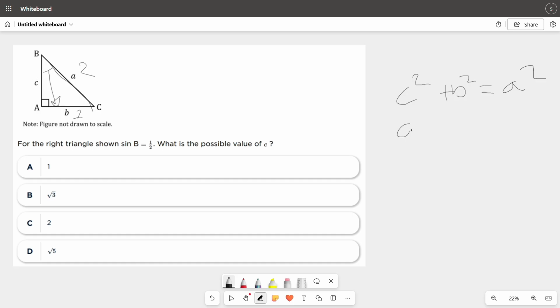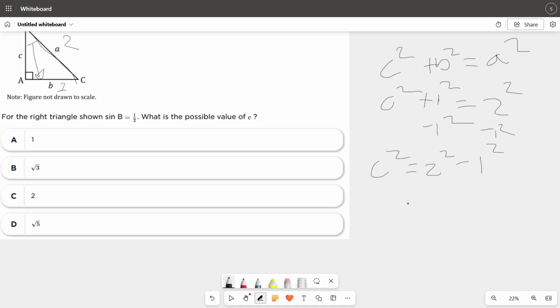We know b squared is 1 squared, and a squared would be 2 squared. So now we can subtract 1 squared from both sides. That'd be c squared is equal to 2 squared minus 1 squared.